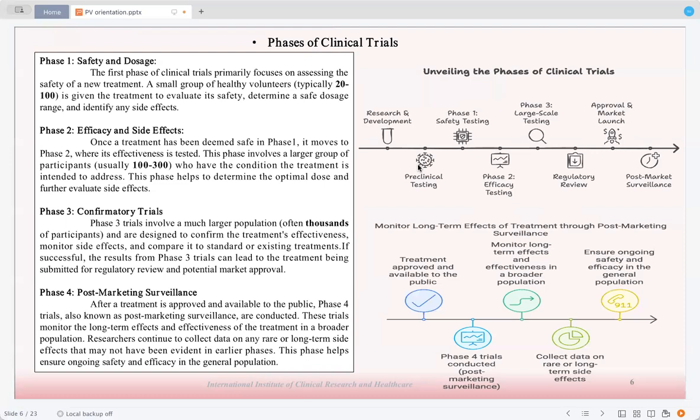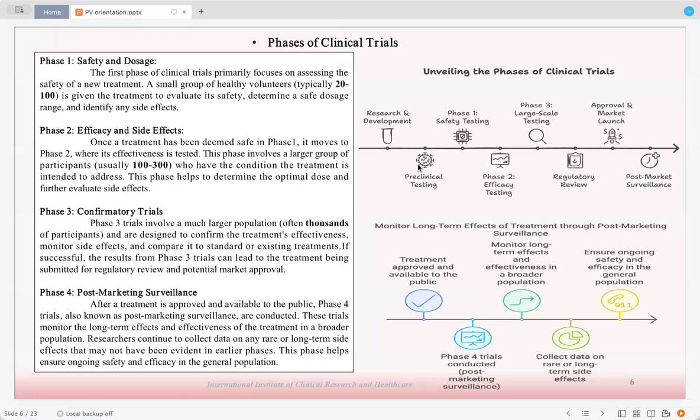The aim of phase 0 is not to test the therapeutic effect, but to check that the drug behaves as expected in humans and to gather preliminary data regarding what the drug does to the body and what the body does to the drug. That is the pharmacokinetic and pharmacodynamic activities of that drug. Phase 0 is not compulsory.